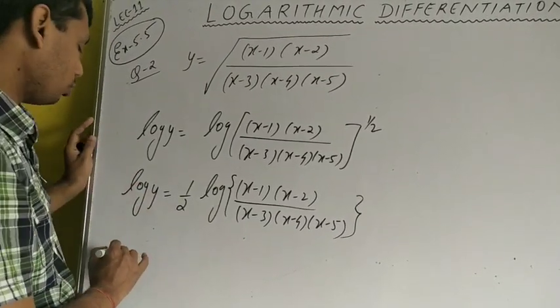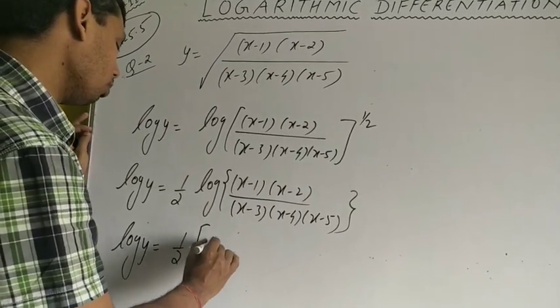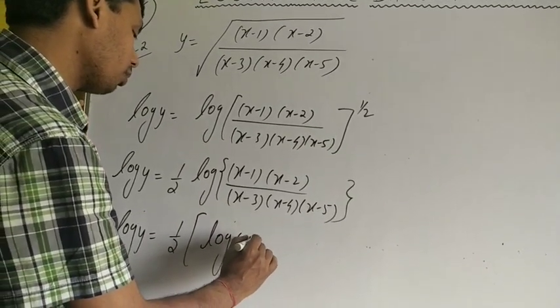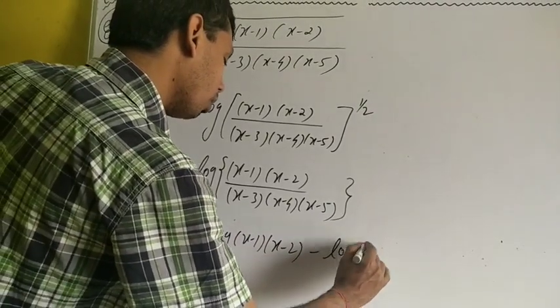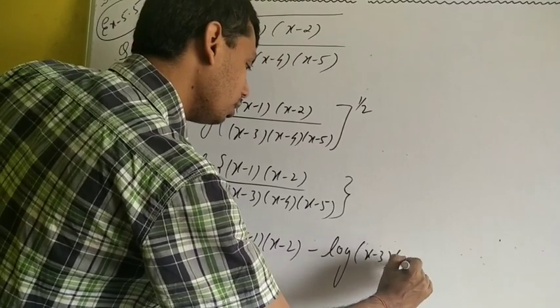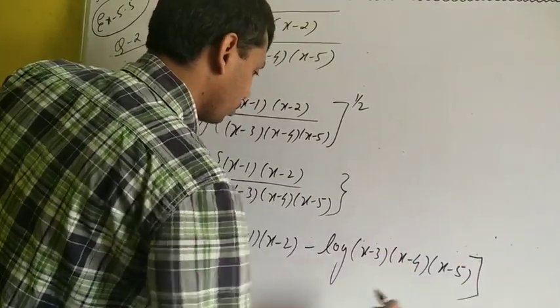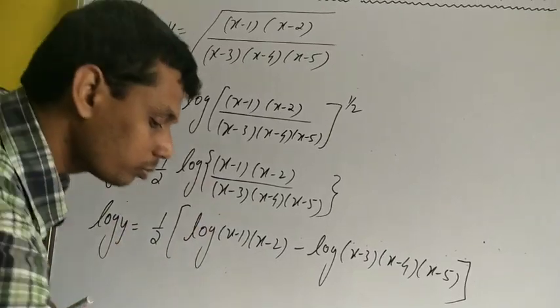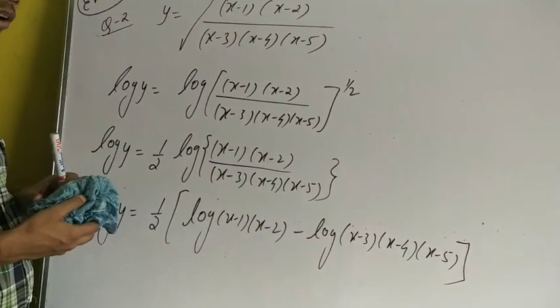So log y is equal to 1/2 [log (x-1)(x-2) minus log (x-3)(x-4)(x-5)]. Now log m into n is equal to what? Log m plus log n.